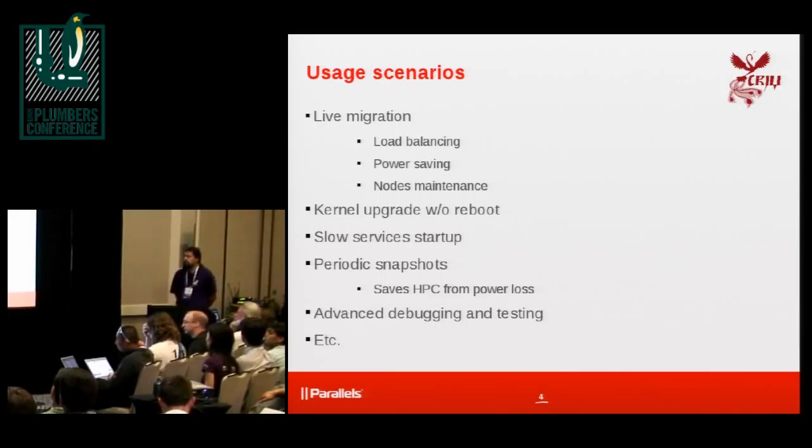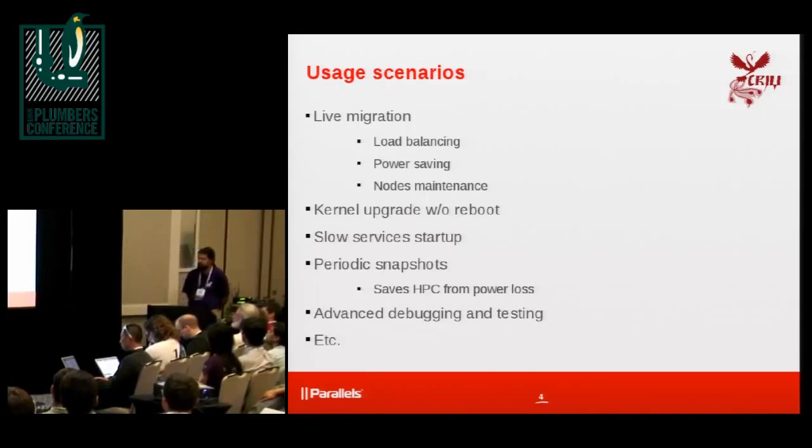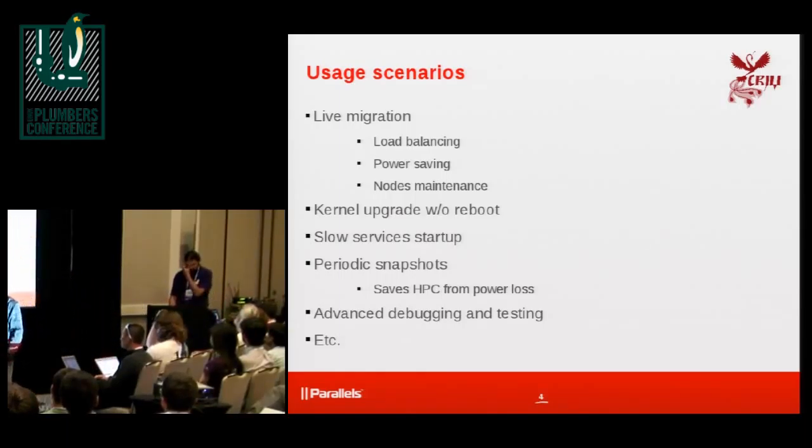HPC people are very interested in periodic snapshots, so in case they perform some computation that lasts, I don't know, several days, and they have a power outage on Sunday, they don't have to recompute the whole stuff from scratch. We've seen scenarios for enhancing debugging and testing, and a lot more.